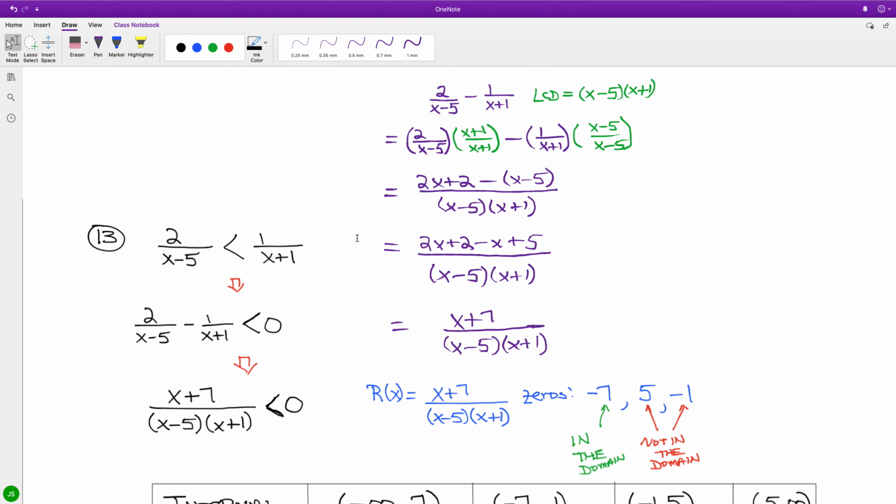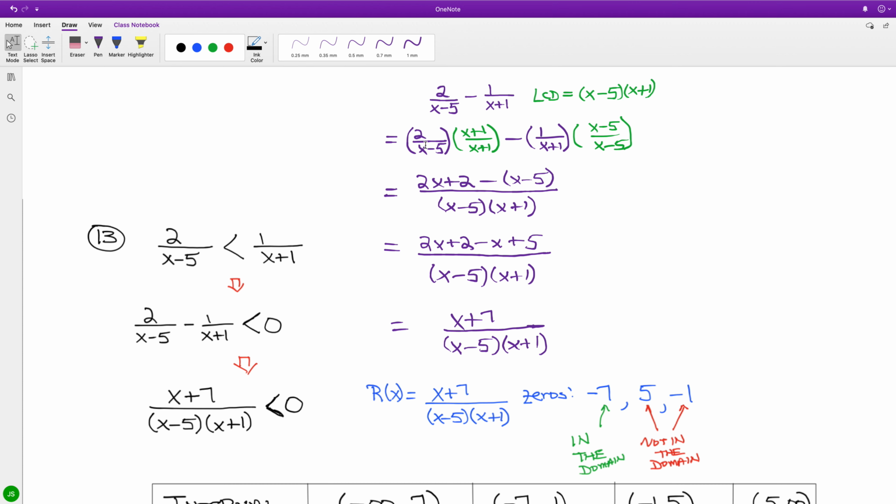So just stepping over to the side, if I take 1 over x plus 1 away from 2 over x minus 5 and consolidate, making it into one expression that has a common denominator, the least common denominator will be the product of x minus 5 times x plus 1, and I write each of the expressions in terms of the least common denominator.